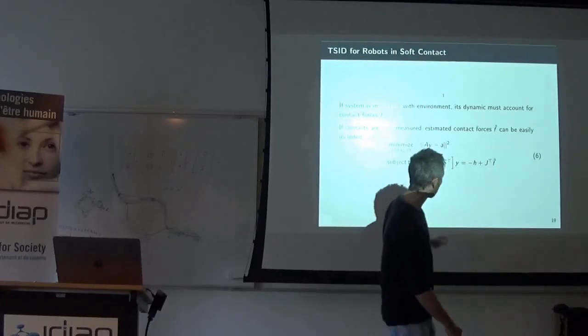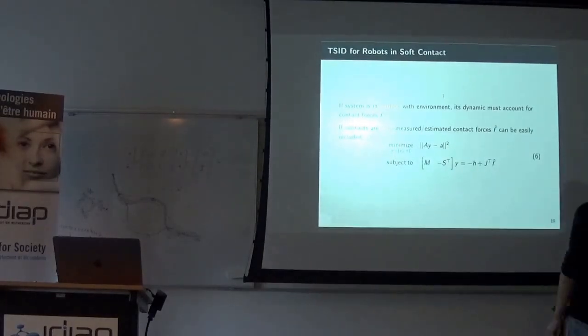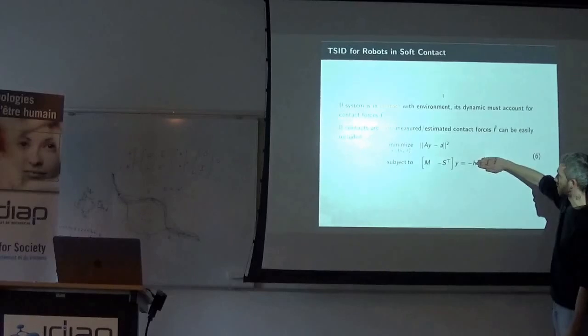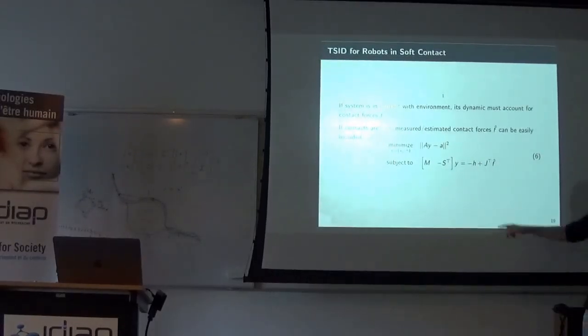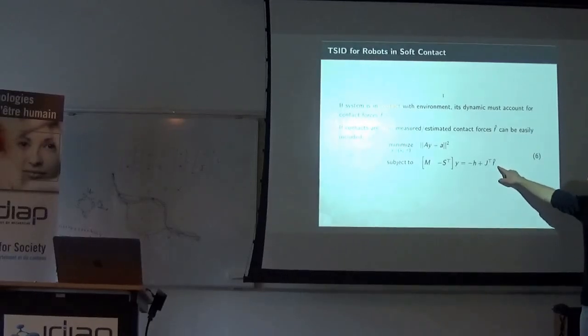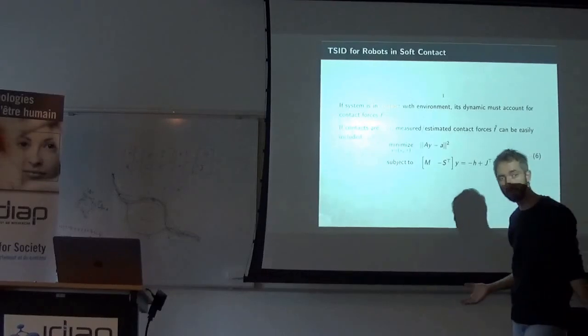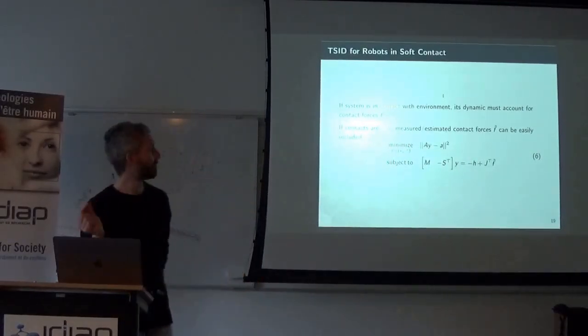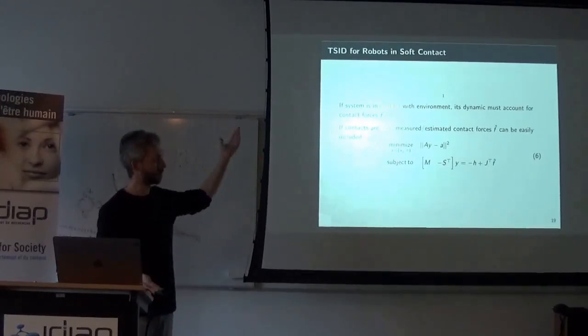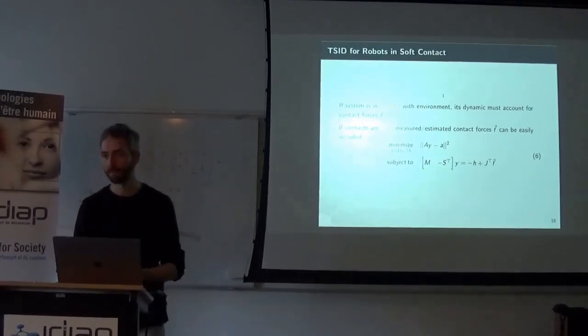You just need to add this term to the dynamic, where F hat is the measurement or the estimation of the contact forces. But it's a very small difference with respect to the problem we had before.